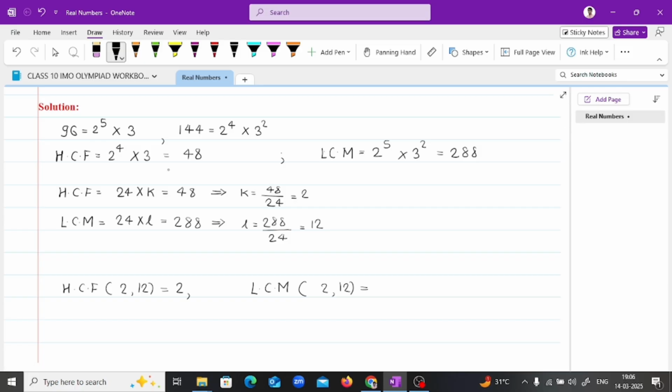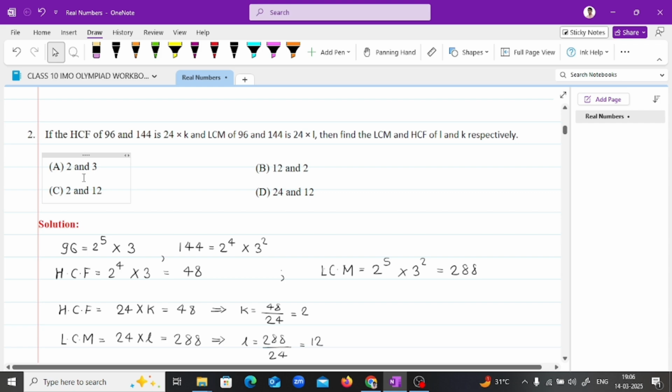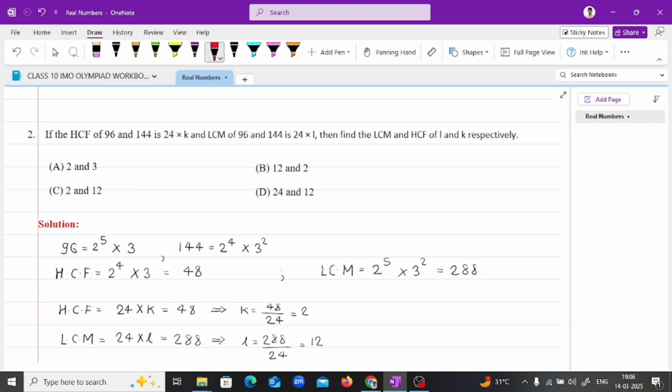Okay, so LCM of 2 and 12 is 12. So the correct option, that is the answer of question number 2, is option number C, which is nothing but 2 and 12.